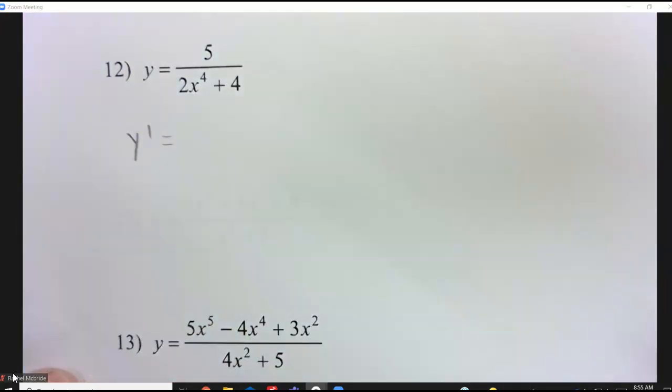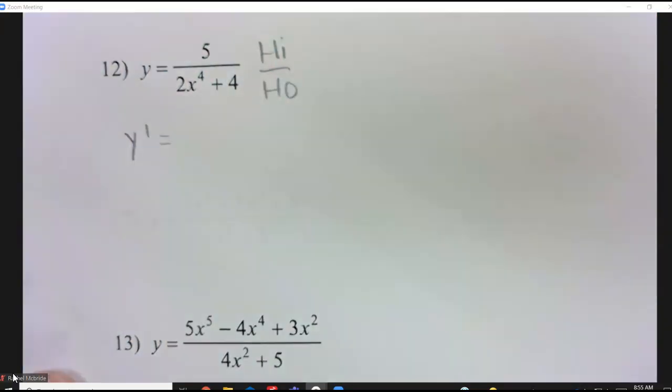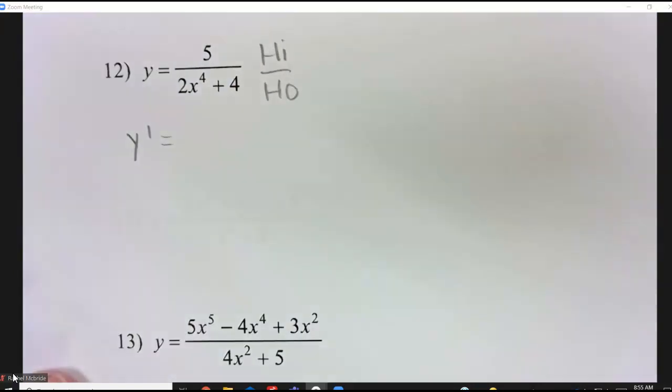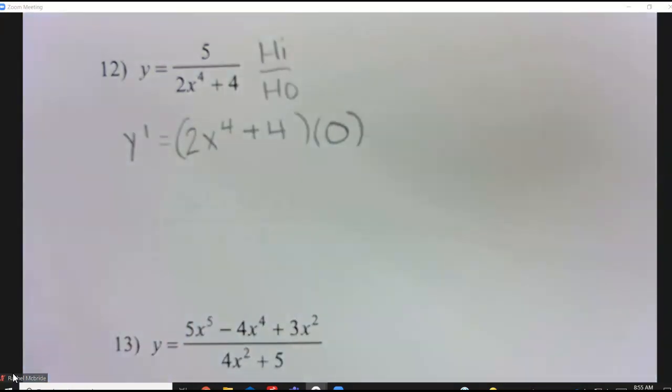Great, so y prime is ho d high. So when you do your ho d high, it becomes 2x to the 4th plus 4, and then your high is 0.